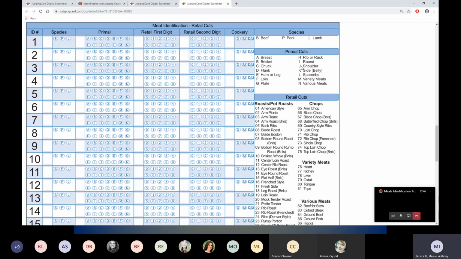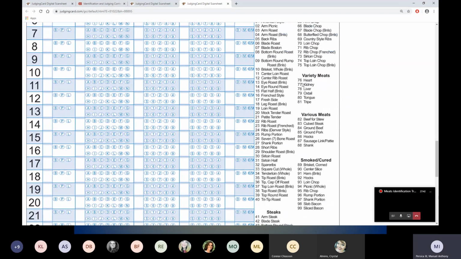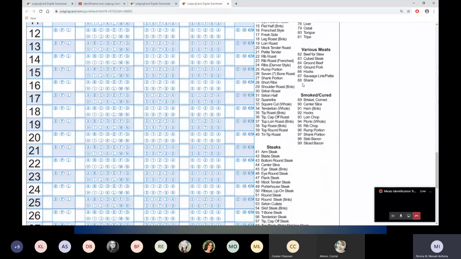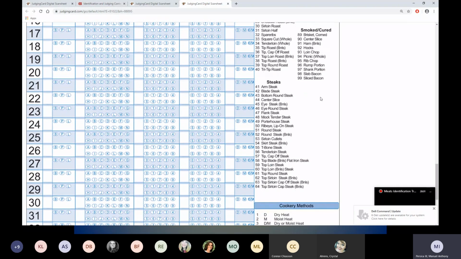You have the guide, the cut guide right next to it, just like on the old form. So it's not going to be very different other than it's going to be in a format that's digital, which I think for the students is going to be a benefit because they're used to that more than I am for sure, as y'all can tell. Any questions on the form?